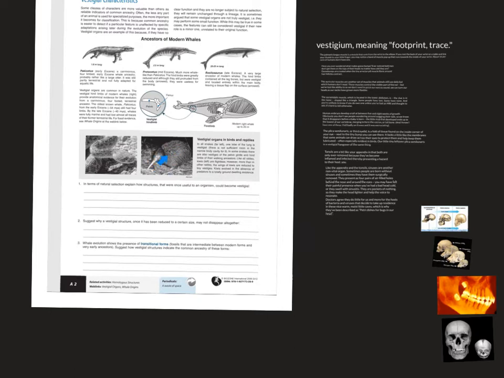The same with the kiwi. It's a bird. It had wings, and in fact, it still has wings. They're tiny and not useful at all. They don't even flutter very much, if at all. They're tiny little things; if you looked at them, you probably couldn't even identify the wings. But they have the bones for them.